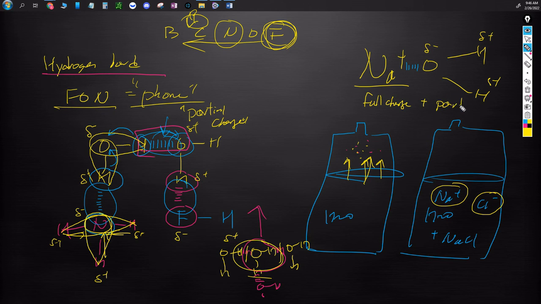Whereas between water and water, this is a partial charge, this is a partial charge, everything is a partial charge. So think simply: you have full charge with partial charge attracting each other versus partial charge and partial charge attracting each other. Which one do you think is going to be the stronger interaction? Of course this one, right?